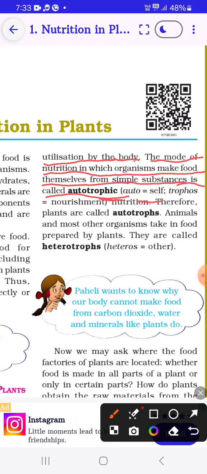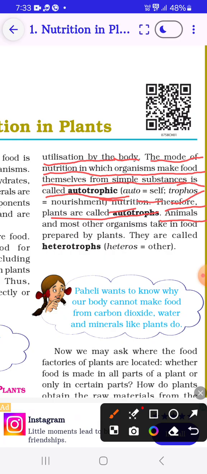Auto means self. Troph means nutrition. Therefore, plants are called autotrophs, because plants prepare their own food.